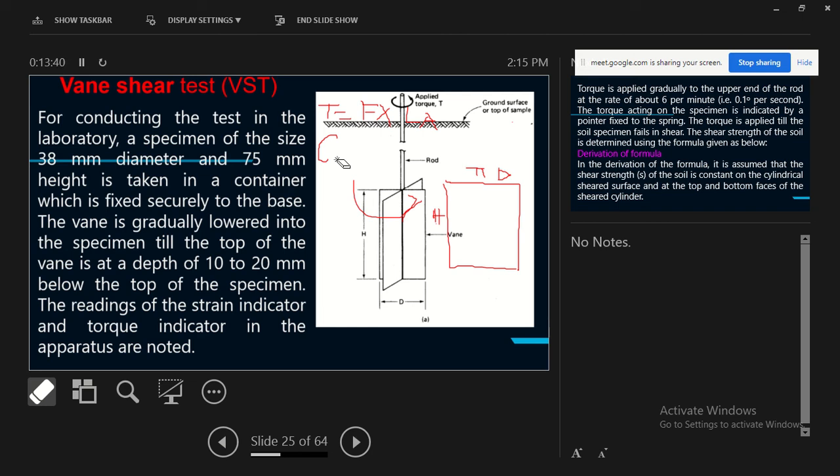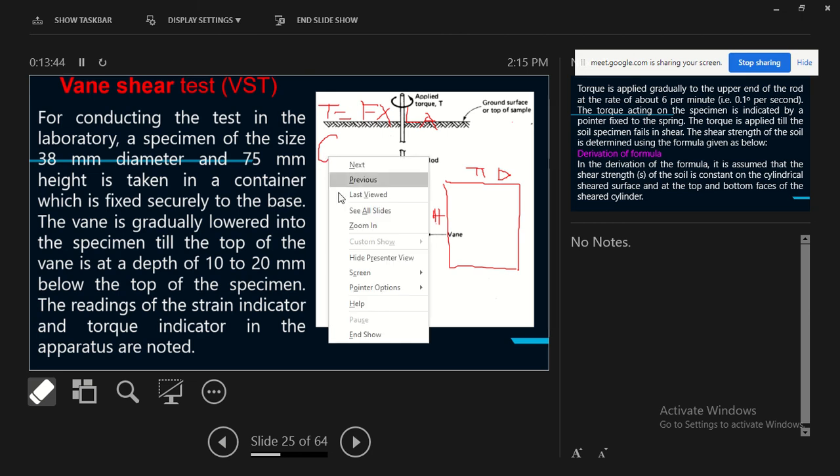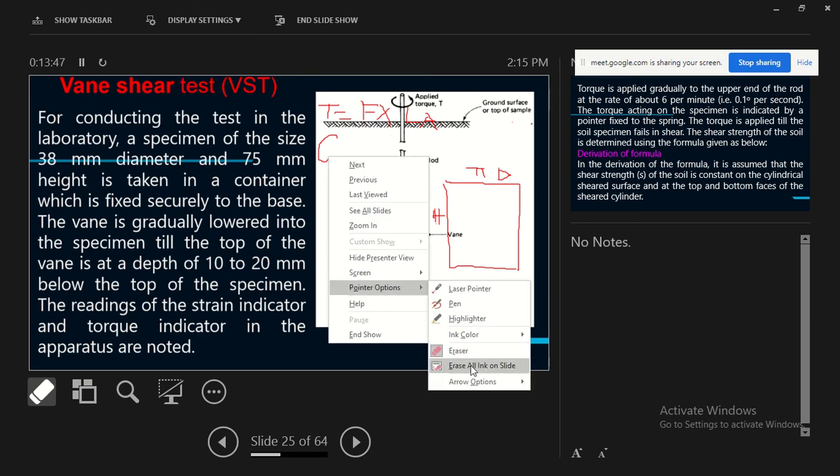The stress here is represented by the Cu, the undrained shear strength.